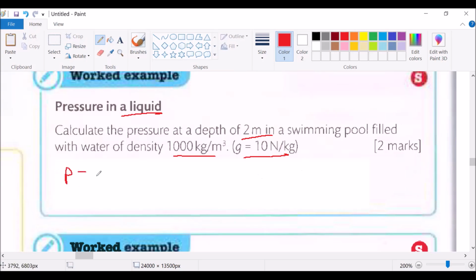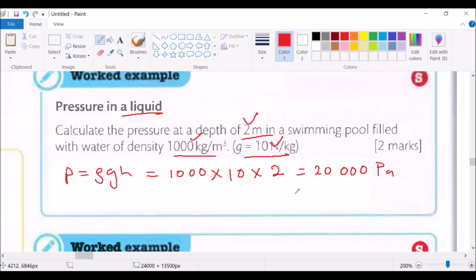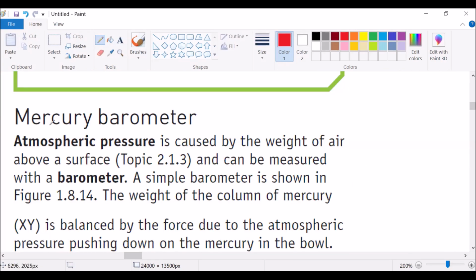So pressure is equal to rho GH, which is density 1000 times 10 times depth 2, which will give us the value 20,000 pascals. Pressure is measured in pascals, which we can abbreviate as 20 kilopascals.